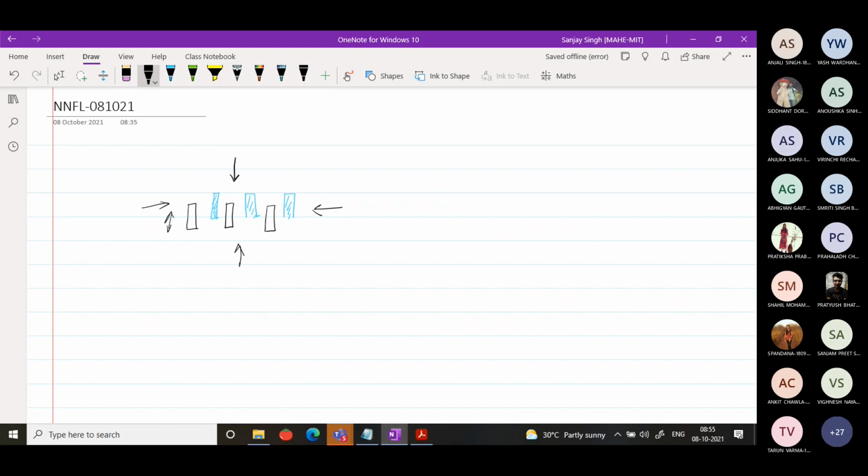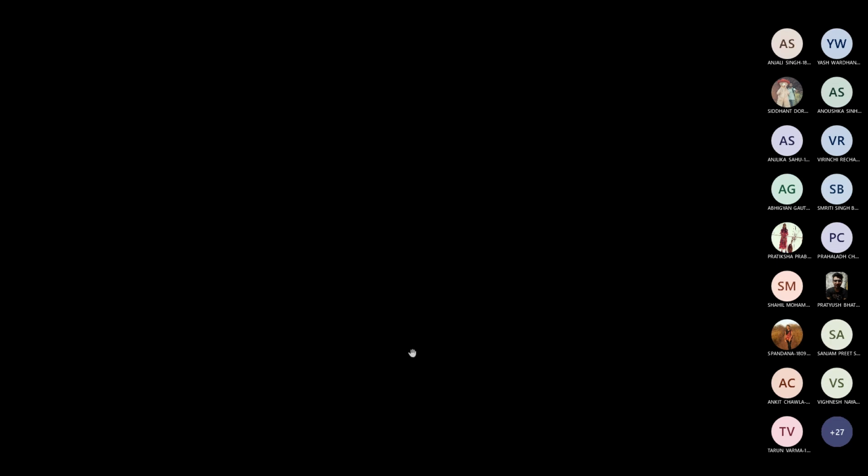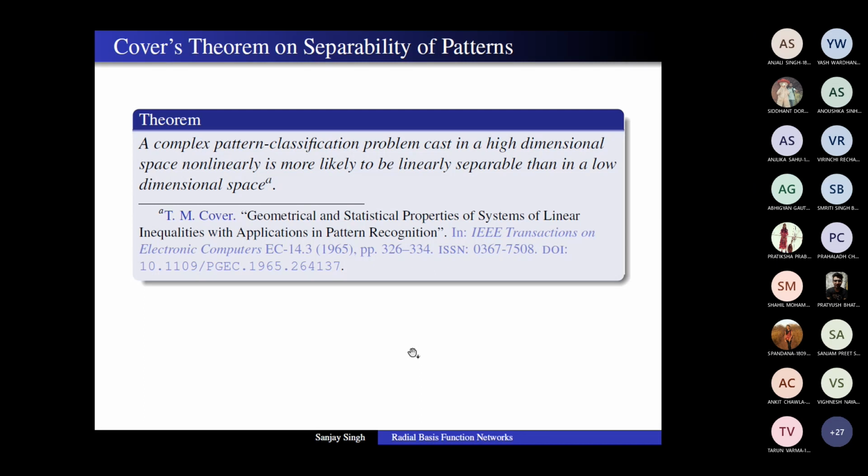Now I go back to this theorem. Because of this visualization, try to understand what it says: a complex pattern classification problem. When they say complex, it by default means some sort of non-linear classification. Some are simply non-linear, some are very complicated.